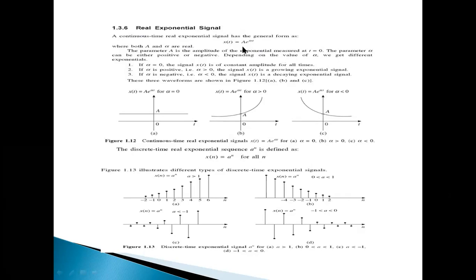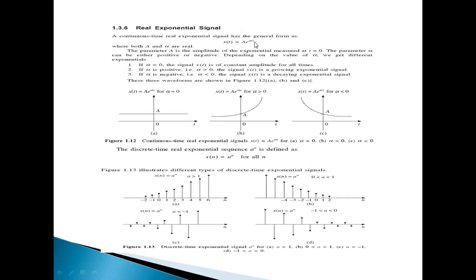x of t equals A e power alpha t, where both A, capital A, and alpha are real. The parameter A is the amplitude of the exponential measured at t equals 0, and the parameter alpha can be either positive or negative, e power minus alpha t or e power plus alpha t.